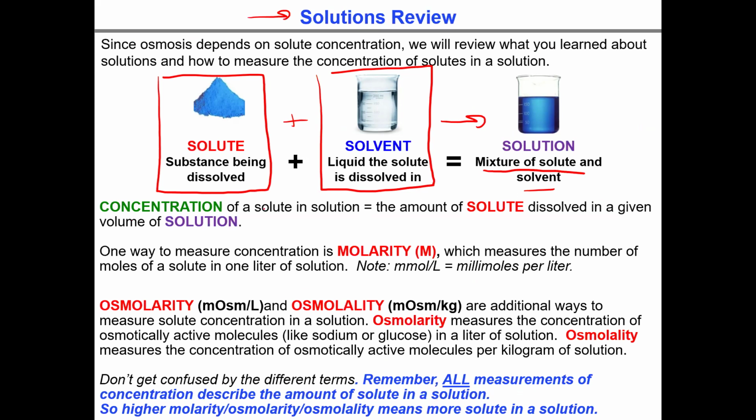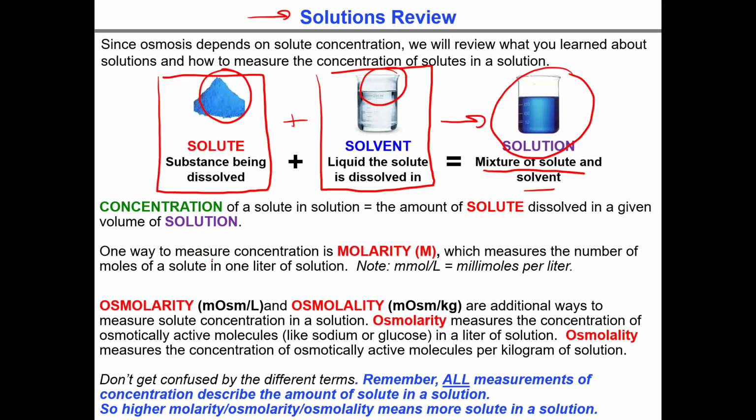So again, the concentration of a solute in a solution is equal to the amount of solute dissolved in a given volume of solution. How much of this is dissolved into this, making this. Now, there are a couple of ways of measuring concentration.